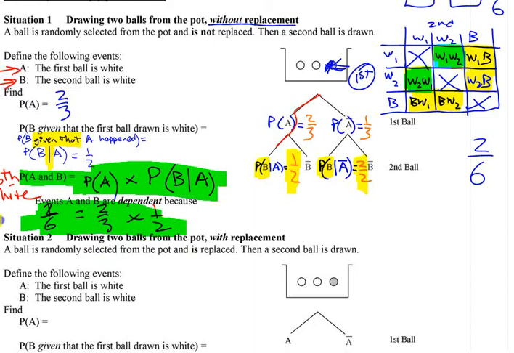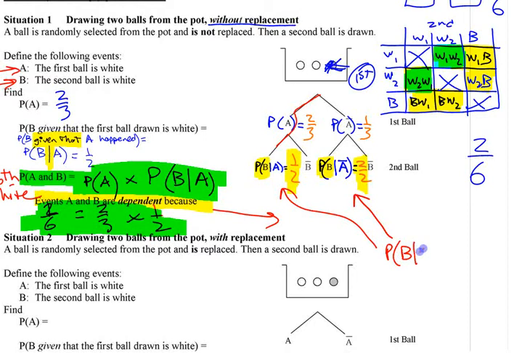Now, I think I'm not telling you anything new. I think you realized that already, right? The chance of the second one being white depends on what you got first. These are called dependent events, which I have sandwiched in there. You can write that down somewhere. These are called dependent events because these are different. Okay?